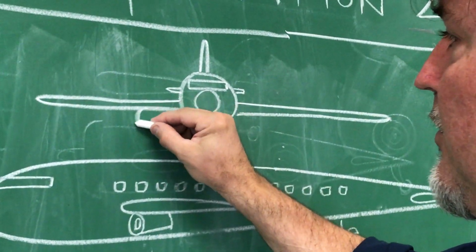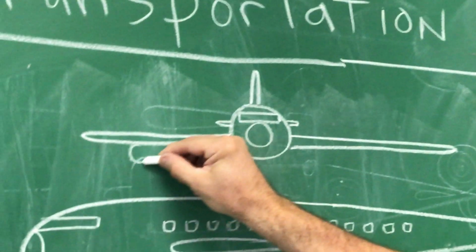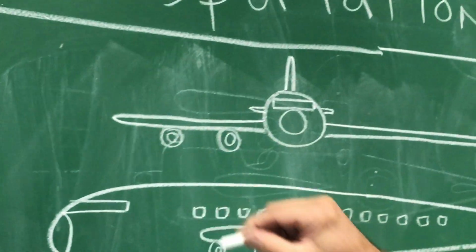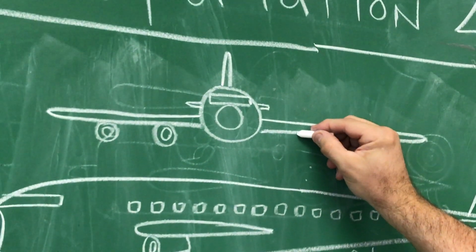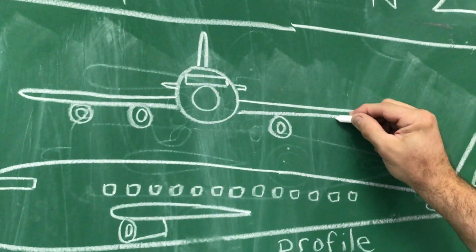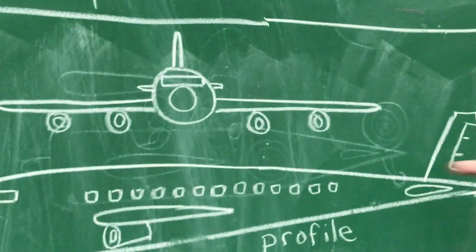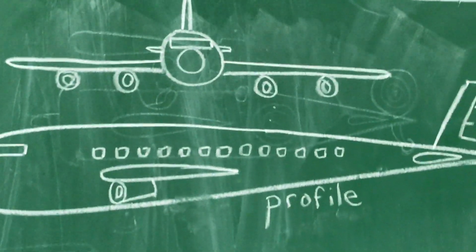We're gonna do two per wing. A lot of planes nowadays only have one per wing, but I think that's reckless personally. What if they break down? So there is the same plane from the front view, okay?